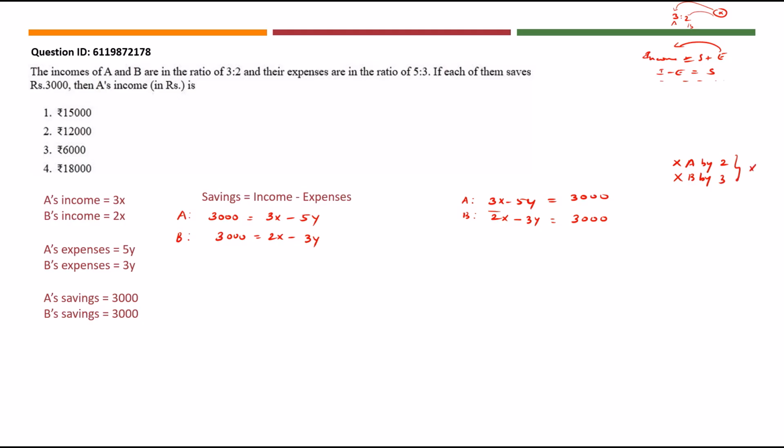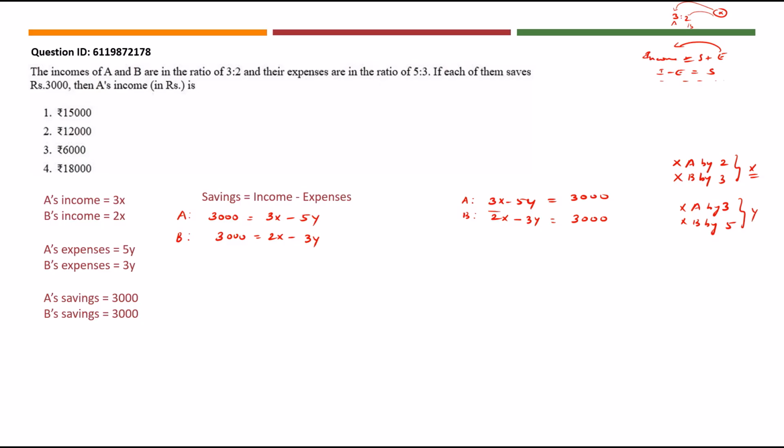This will cancel x term. In case you multiply A by 3 and B by 5, then this will cancel the y term. You can find y, go with x, or find x and then calculate A's income. Whatever way you want, you can do.